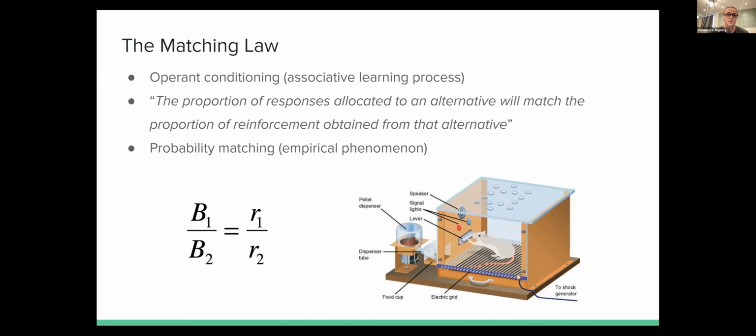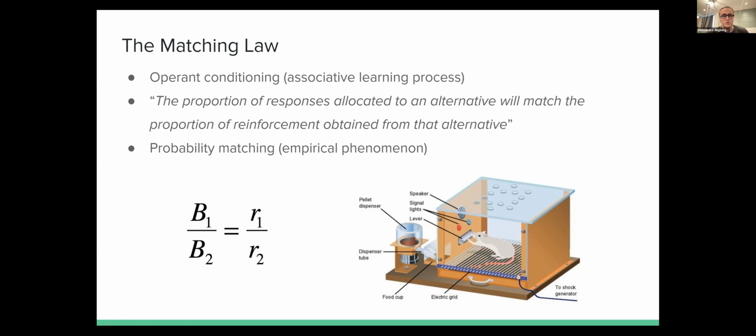So what we will discuss today is the matching law, which is closely related to the concept of reinforcement learning. And we will show how a perceptron, a simple artificial neural network, is able to generate responses that are consistent with the phenomenon of probability matching, which is related to the matching law, and basically exploits and explores when confronting a multi-armed bandit.